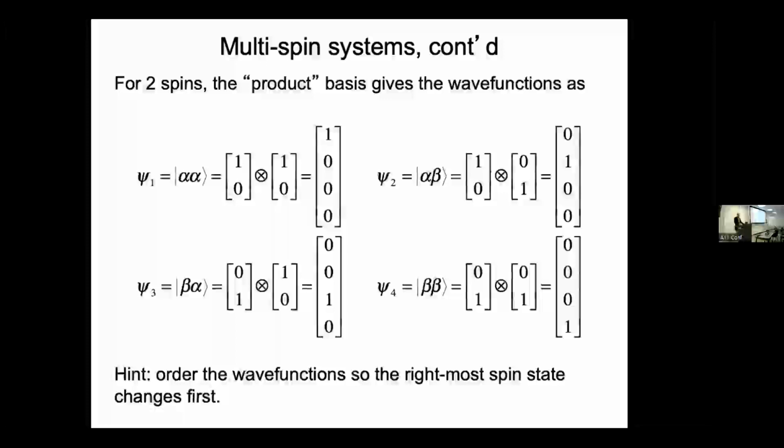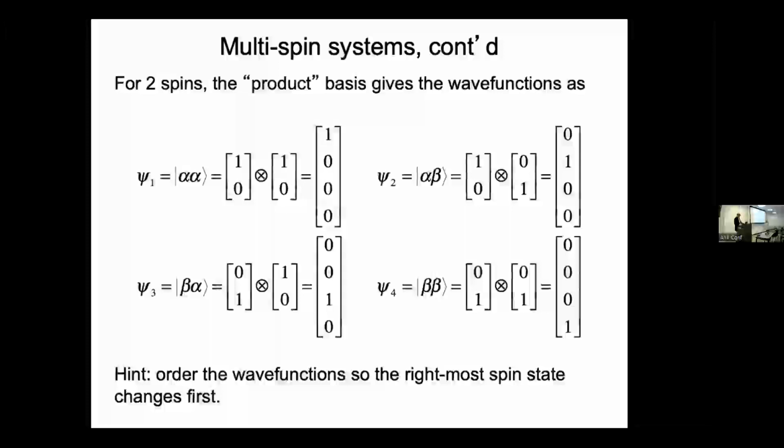And you might notice that the way the direct product got defined, the second spin state changes first. So in the ordering, the first position in the vector is alpha alpha.